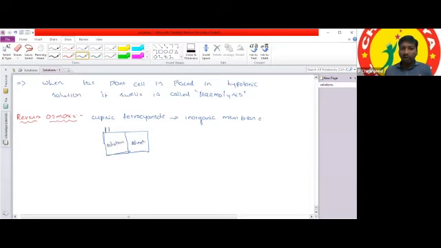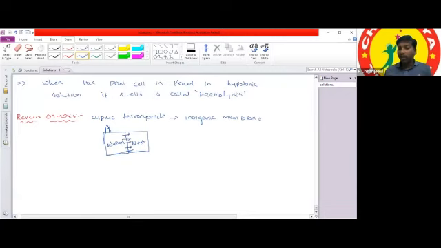Now from this side we apply pressure. If you apply some pressure, it stops the flow of solvent molecules through the semi-permeable membrane into the solution. Now if you apply excess pressure than the osmotic pressure, the solvent molecules present in the solution flow into the solvent through the semi-permeable membrane.